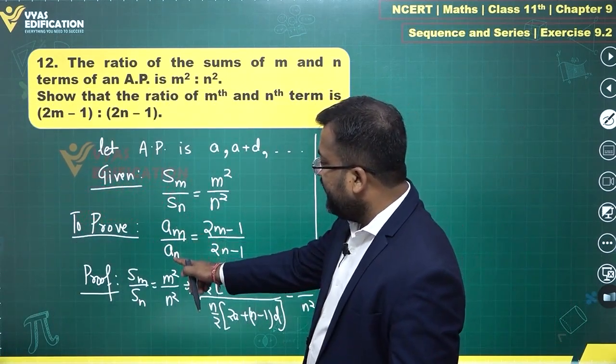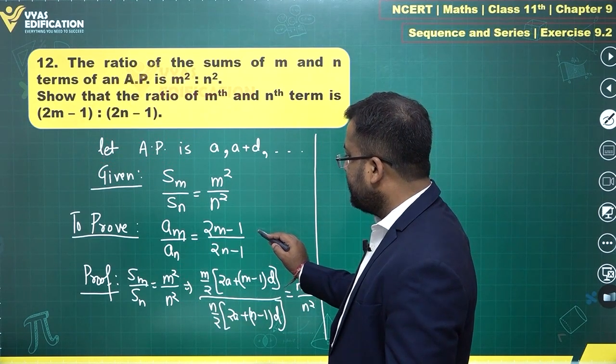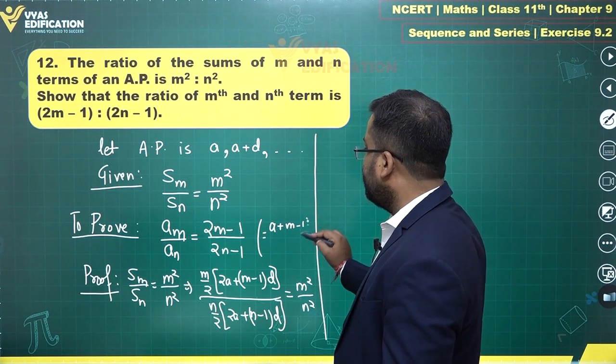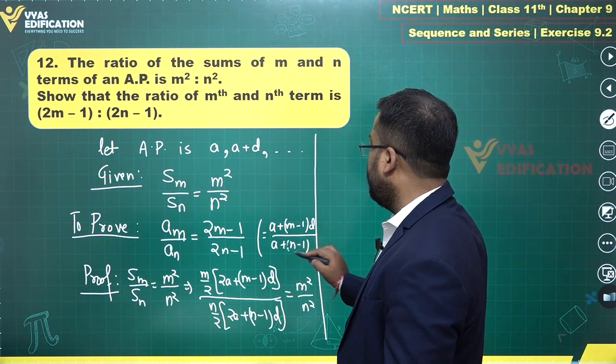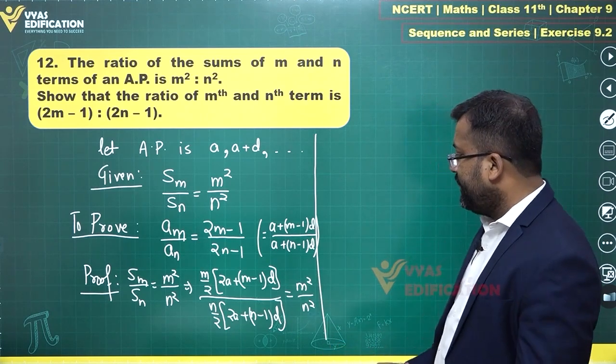What are we interested in? We are interested in am upon an, which is equal to a plus m minus 1 d upon a plus n minus 1 d. Keep a lookout for this kind of an expression. We need to form this kind of an expression, right?